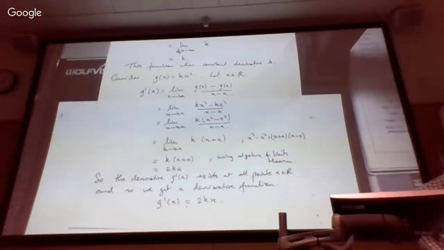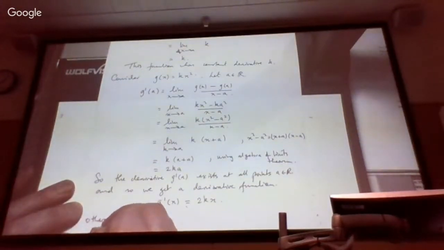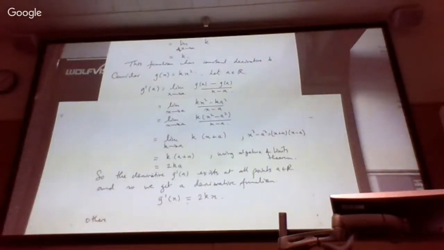Now, other functions which are other polynomial type functions, or other powers of x, can be handled in a similar way, and there's a question or two on the tutorial sheet. So other powers of x can be handled in a similar way.